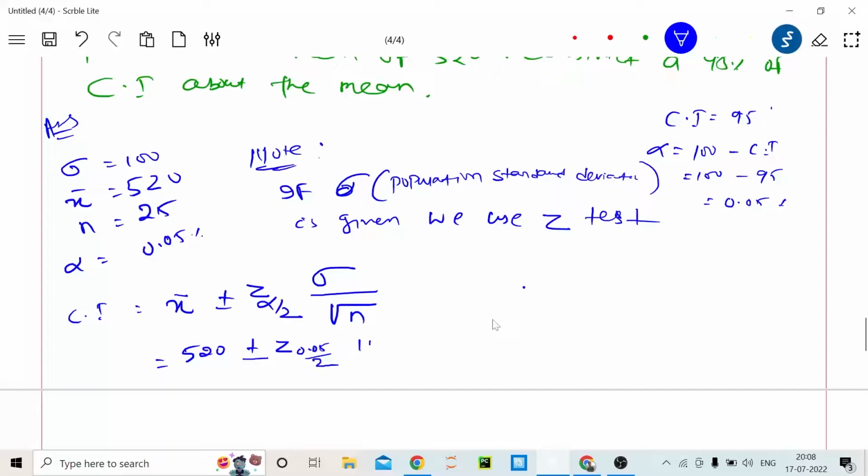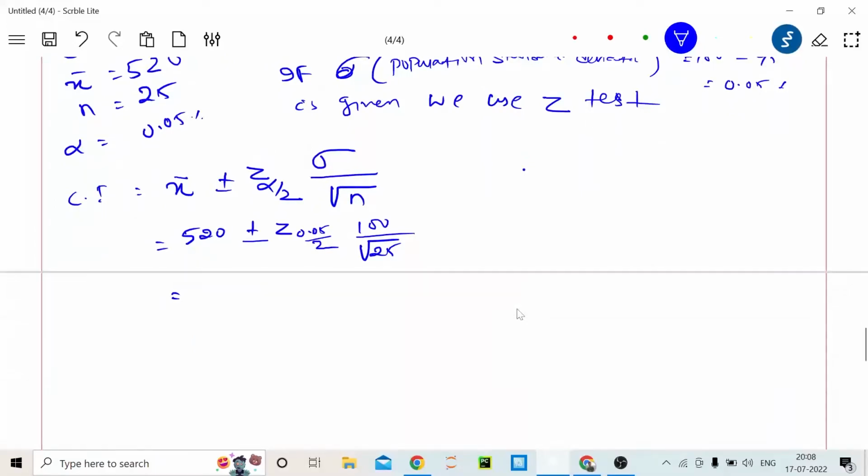This is 520 plus minus, 100 divided by 5 here. Then how can you find z 0.05 by 2? This is nothing but 0.025. How can you calculate the z value of 0.025?